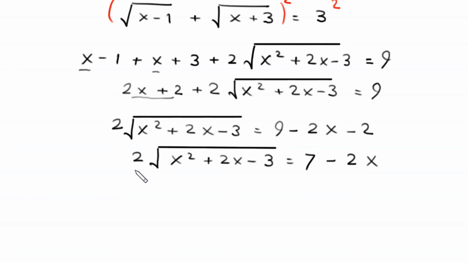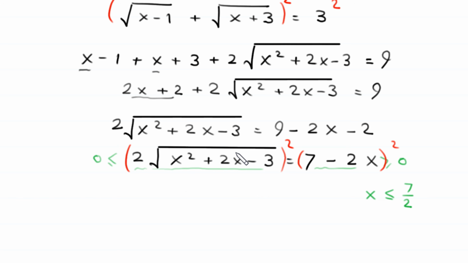Since this left hand side is always greater than or equal to 0, so this right hand side must be greater than or equal to 0. This implies that x must be less than or equal to 7 over 2. Square both sides of this equation.